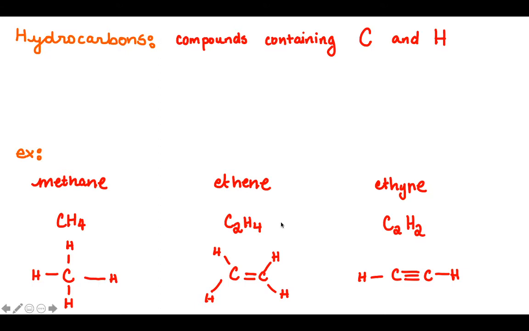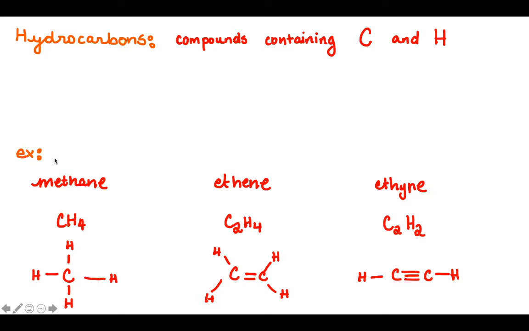In our second type, which is ethene down in the middle, you'll see that our carbon forms a double bond with another carbon. As long as there's at least one double bond, you're looking at an alkene, which is a type of hydrocarbon. And on the right side, you've got ethine, which is an example of an alkyne, which contains at least one triple bond.